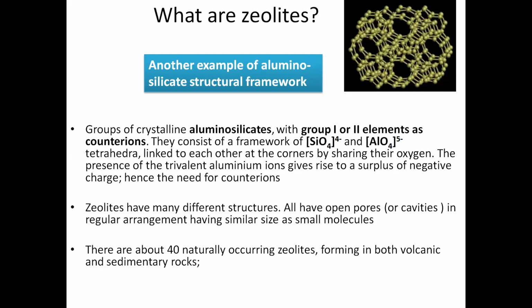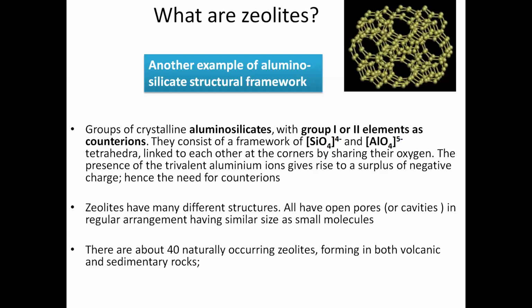So zeolites by default contain counterions, which come from the group 1 or group 2 elements. Zeolites have many different structures. All have open pores or cavities in regular arrangement, with sizes as small as a molecule.